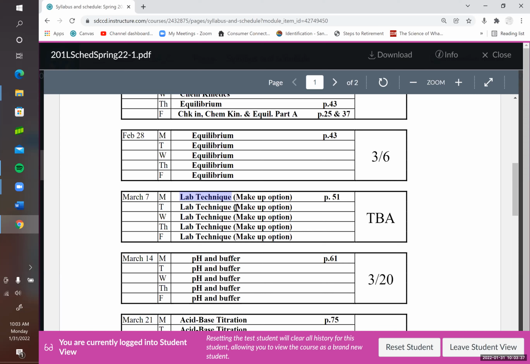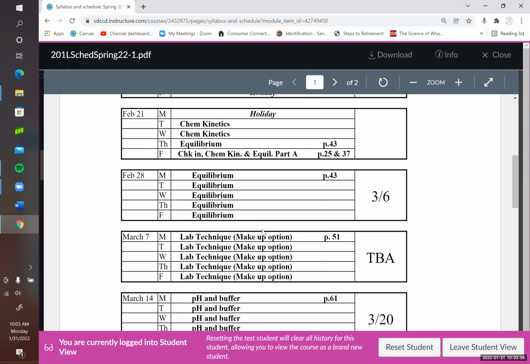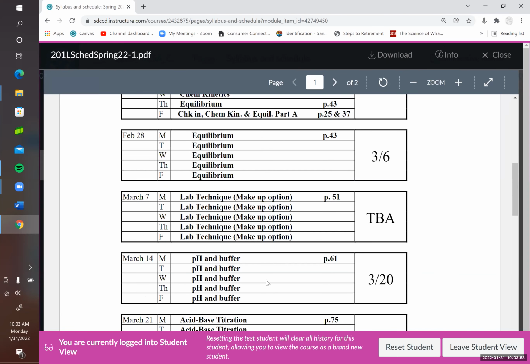And the reason why we stick this in here is just in case we don't know what's going on with COVID, or you know, there's a lot of things that are in flux. You guys may have to miss a lab for whatever reason, and so forth. And if you miss any of these labs, then you can use this one to make it up. And there's instructions in the lab manual.